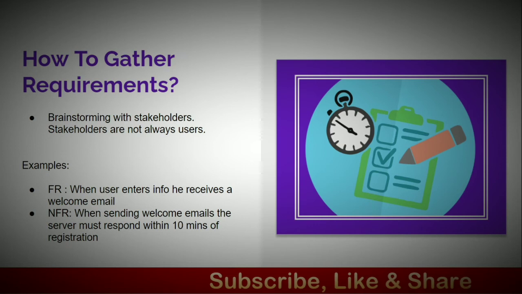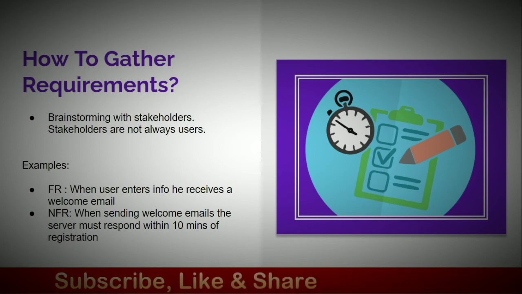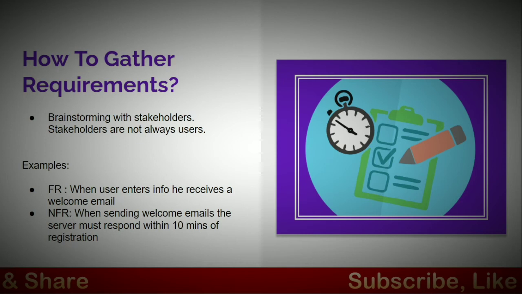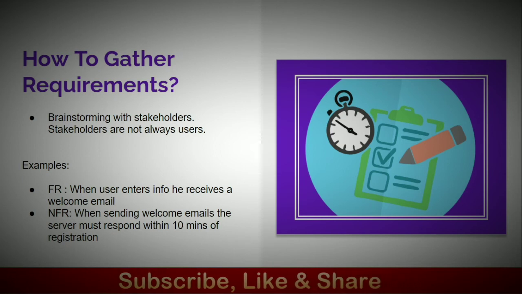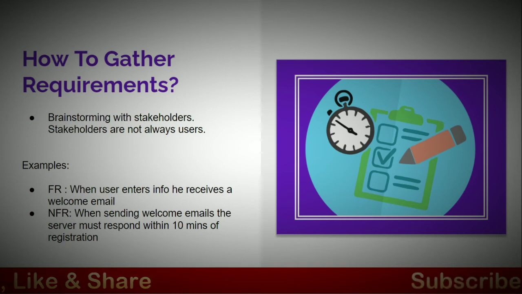For example, a functional requirement would be: when the user enters his information, he receives a welcome email. Whereas a non-functional requirement would discuss things like: when sending a welcome email, the server must respond within 10 minutes of registration. So that's more around a non-functional requirement.